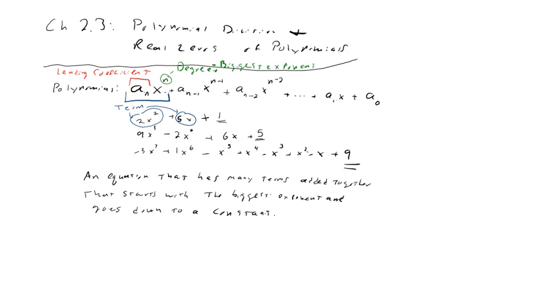So the definition of a polynomial is an equation that has many terms added together. It starts with the biggest exponent that we call the degree, and goes down to a constant. Starts at some exponent, goes all the way down.